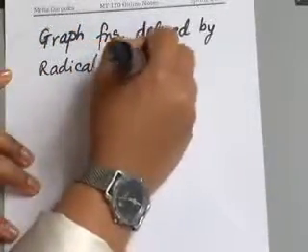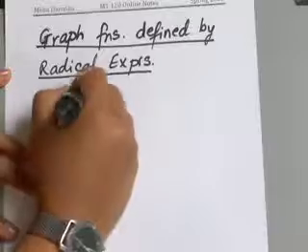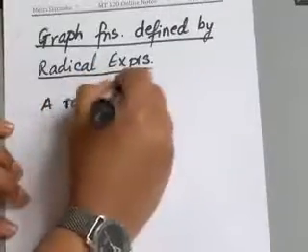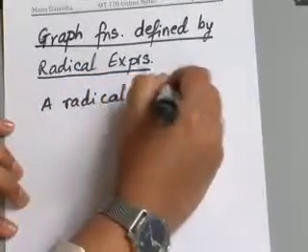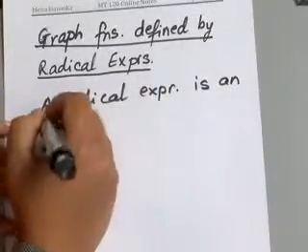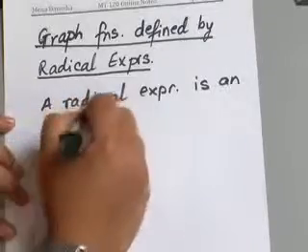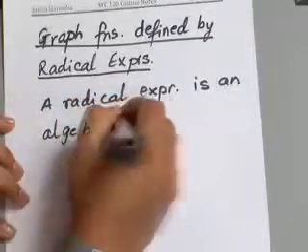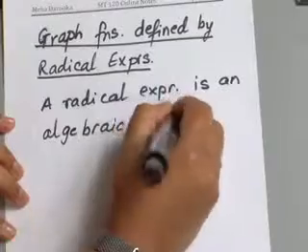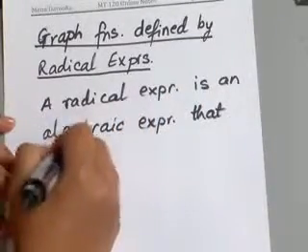What do we mean by a radical expression? Before we can start graphing them, let's go ahead and see what a radical expression is. It basically is an expression, or an algebraic expression, that contains radicals.